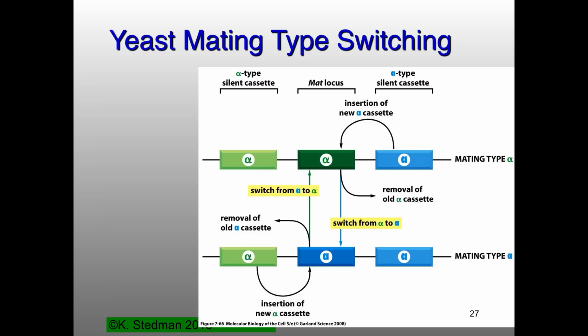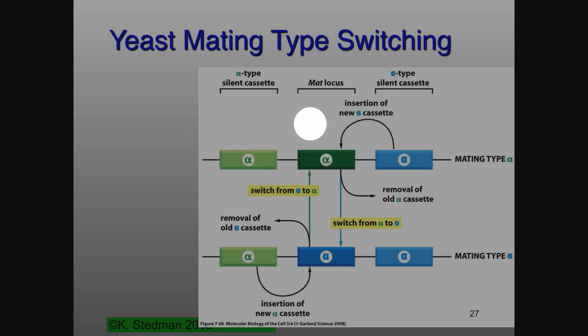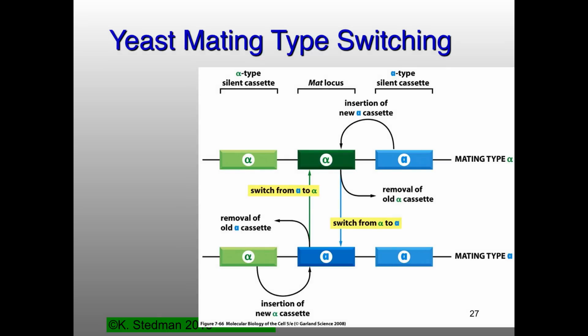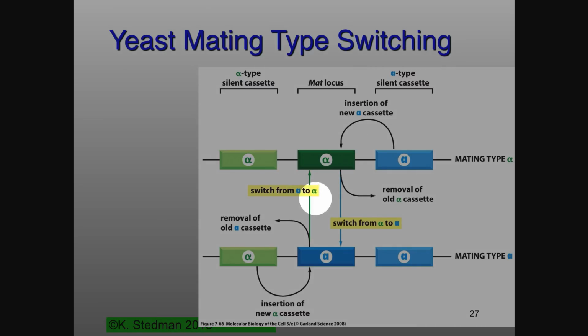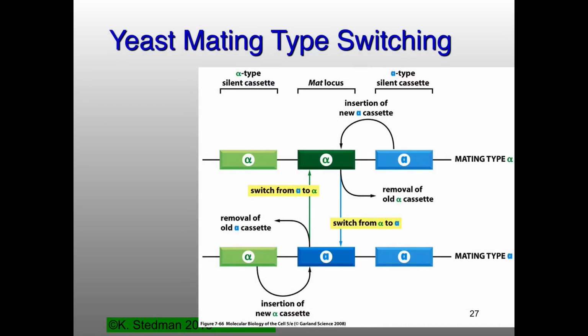The extra copies you have in your genome of those regulatory proteins are silent because they're in parts of the genome in heterochromatin. So heterochromatin shuts down genes, the mat locus is active, and you can get the changes that happen there.